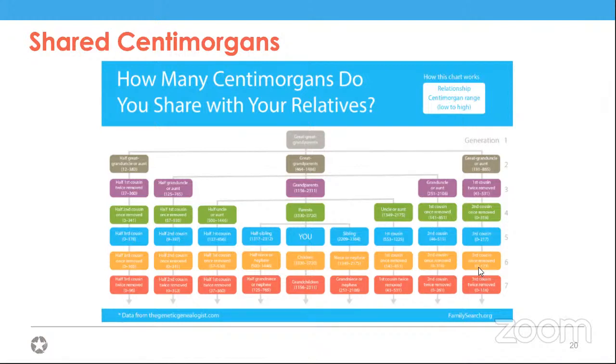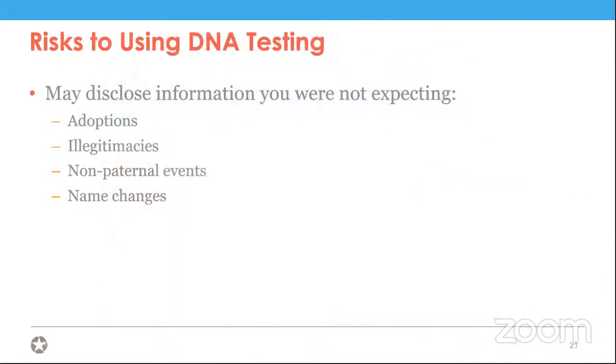So the prediction of relationship isn't always clear because of the overlap in the relationship range, and it doesn't necessarily tell you what genetic line it falls under. So again, it could be a second cousin twice removed, or it could be a half-third cousin twice removed. Due to this overlap, it often helps to have your genealogical family tree to refer to when you're assessing your genetic family tree, as the former might help to legitimize that prediction of relationship.